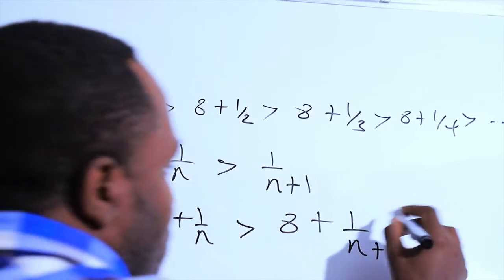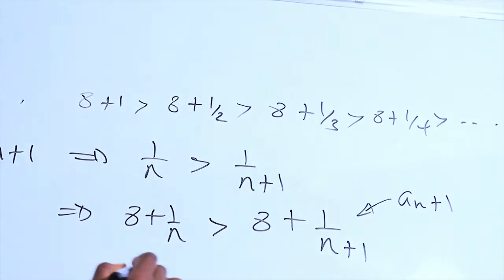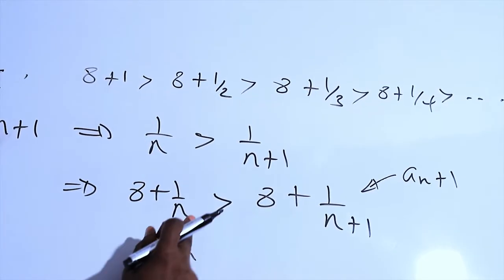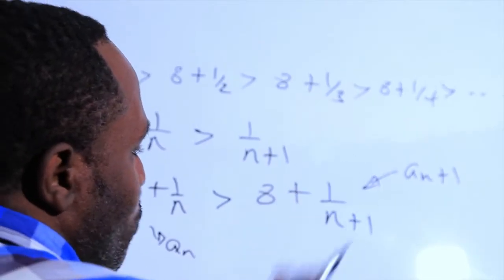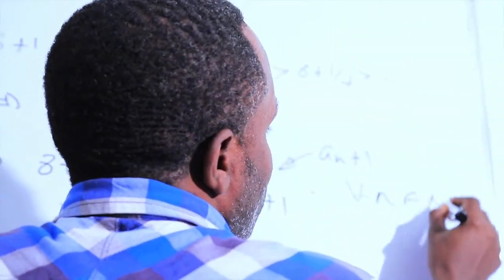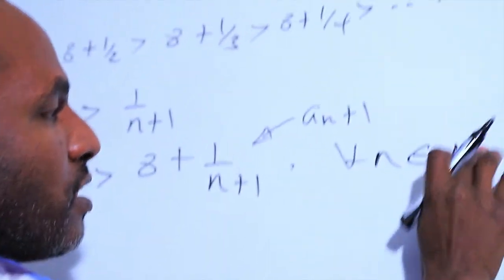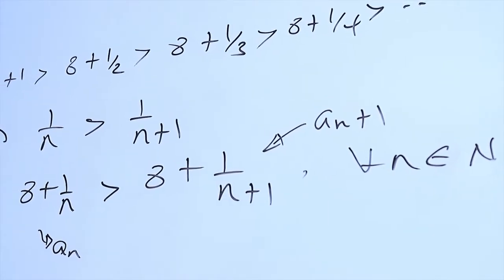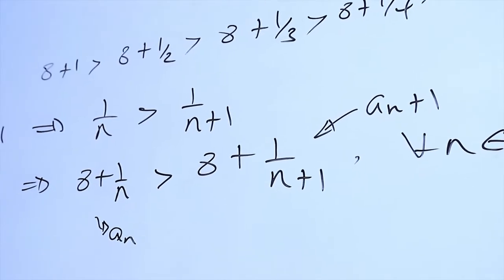We know that this part is simply a_(n+1), whereas this one is simply a_n. So a_n is greater than a_(n+1), for all n in the set of natural numbers. We can say the sequence is a decreasing sequence.